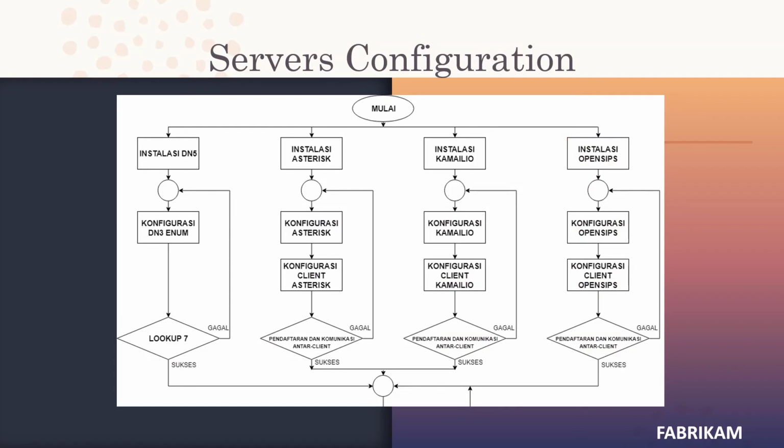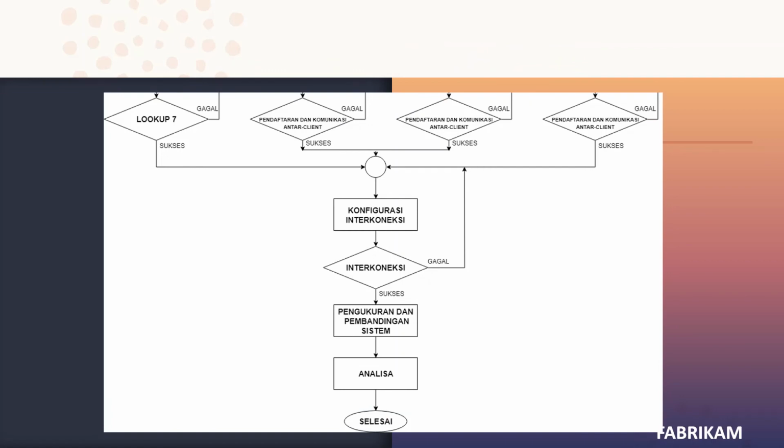Then how do I configure these servers? As you can see, we use ENUM also. This is ENUM and then Asterisk, Camellia, OpenSIPS, by making configuration, and we also make registration for all of the clients, and then combine all four servers and connect them, and after that we make the interconnection.